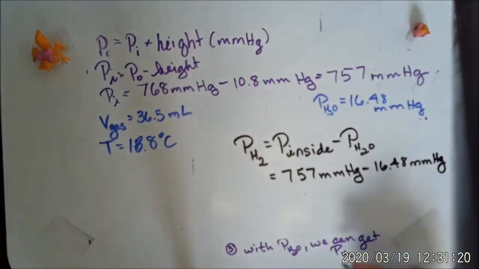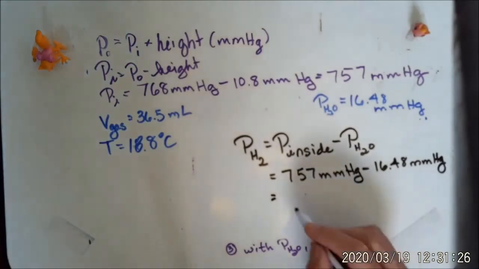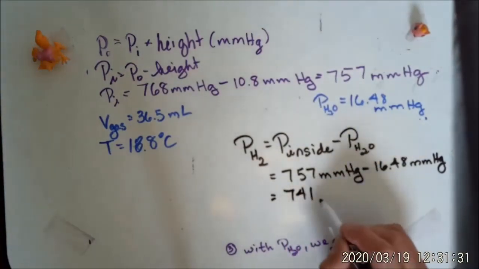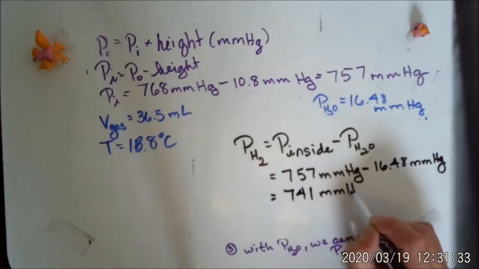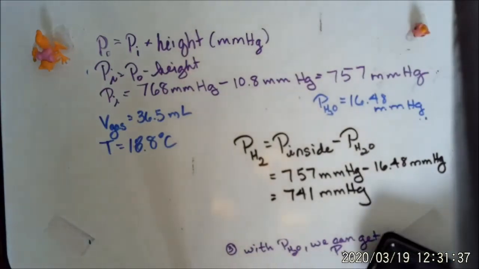When we do that, we get something like 741 millimeters mercury.